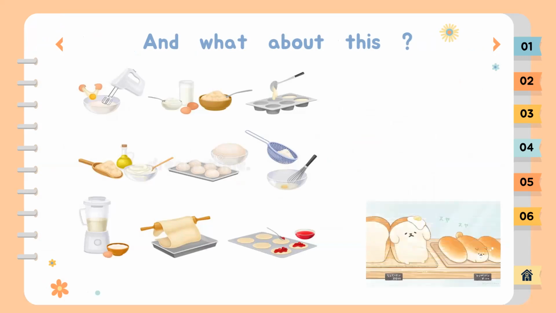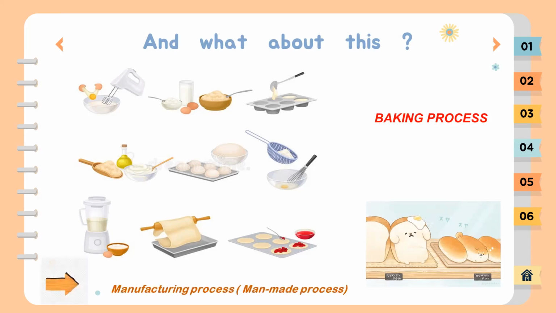Maybe it's the baking process. Okay, so all of these diagrams, the baking process and the milk production, are generally called the manufacturing process or man-made process. So it's pretty easy, right?